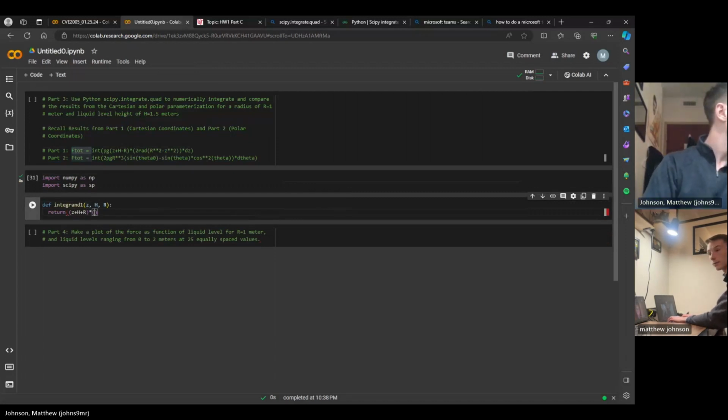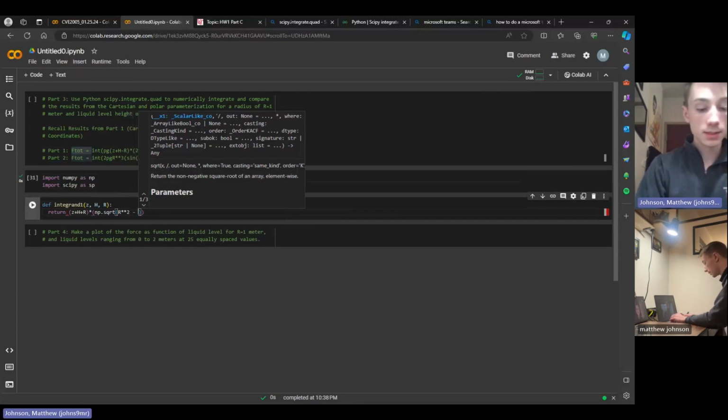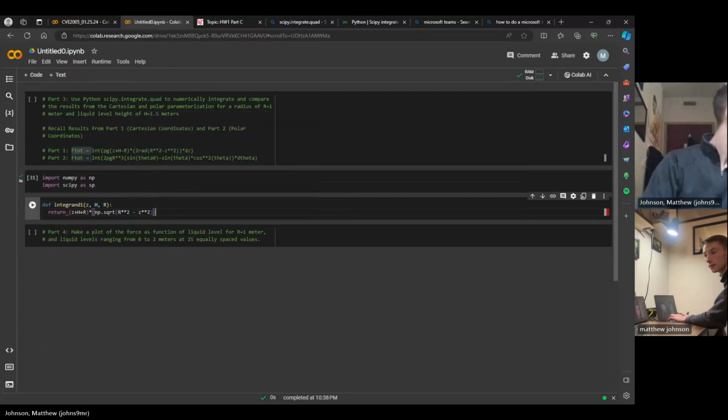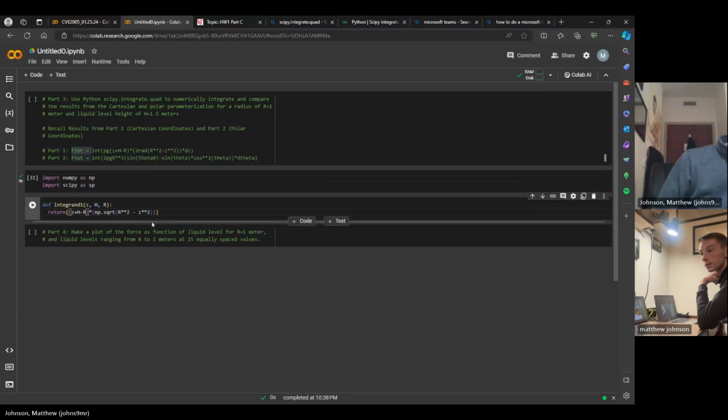Here we have the square root of r squared minus z squared. So when we call integrand 1 now, we'll return z plus h. Oh, this should be minus r. Like that. z plus h minus r times the square root of r squared minus z squared. Great.